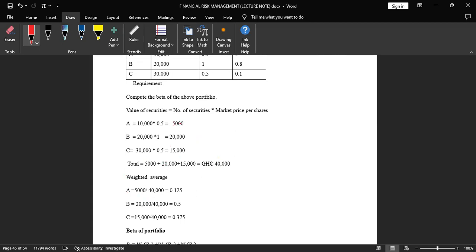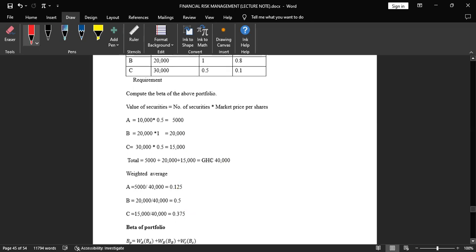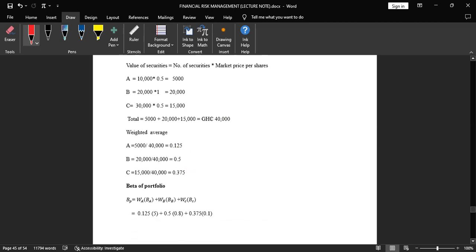You take this and divide it, then you get the weight for A. For B, you take the 20,000 divided by the whole amount invested, you get the weight for B. Then you take this amount, you divide by the whole 40,000, you get the weight for C. So at the end of the day, when you add these, you should get 1.